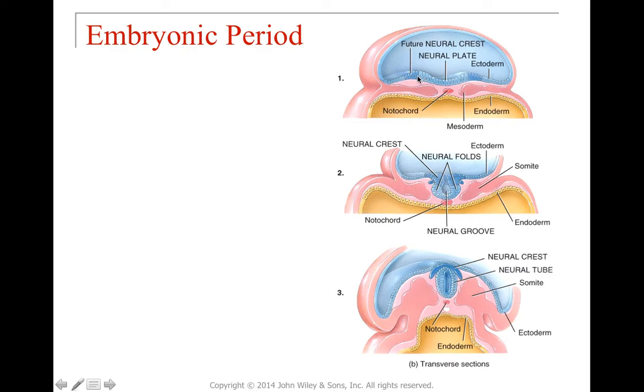We're going to have neural folding that occurs, and this section here and this section there are actually going to come in contact with one another to become the neural crest. So we are going to have an invagination event that brings this section to that section across the top there to become the neural crest. And then inside there, this section here is the neural crest, and then underneath that we're going to have the neural tube. Again, the notochord, and this is the endoderm.